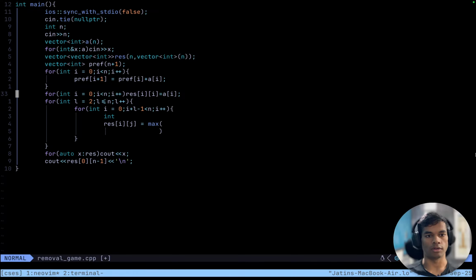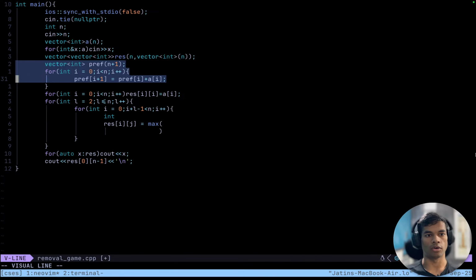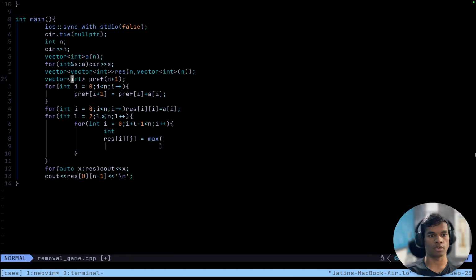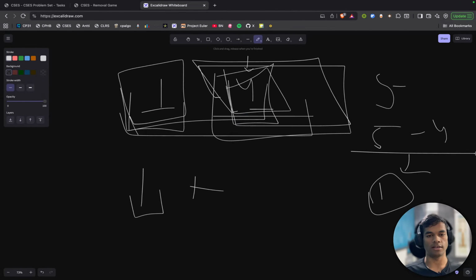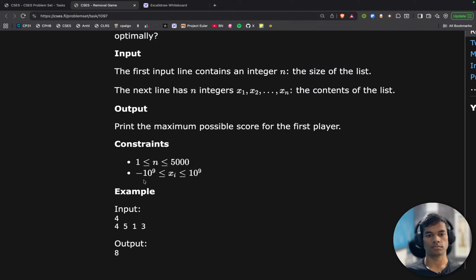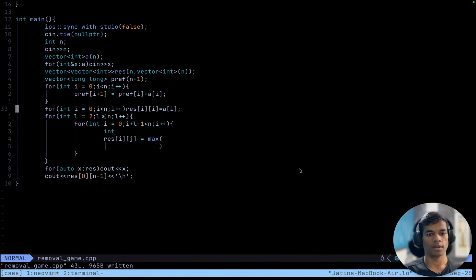We should make this a long. Xi could be negative even. 10 to the power 9, yeah, long will suffice.